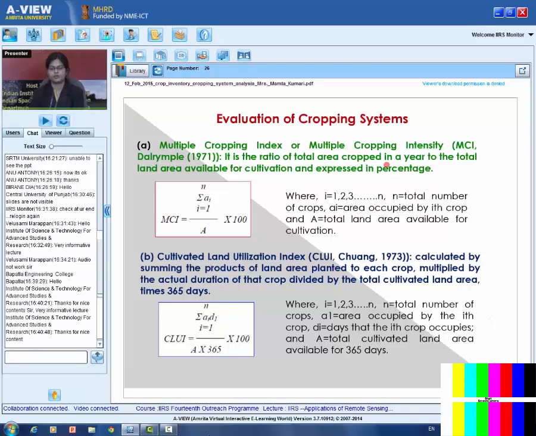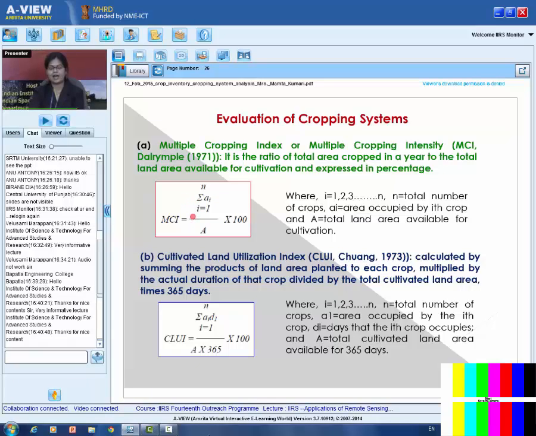MCI is mostly used to analyze the cropping system. This is the ratio of total area cropped in a year to the total land area available. So in the formula we can see whatever area is coming for a particular crop. For example, we are growing rice in one season and wheat in another season, and we consider fallow also.